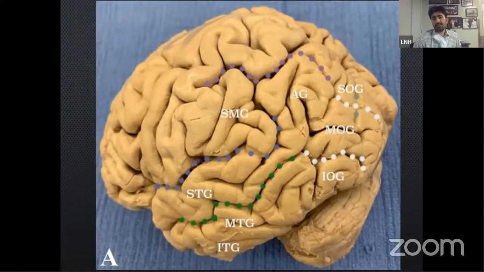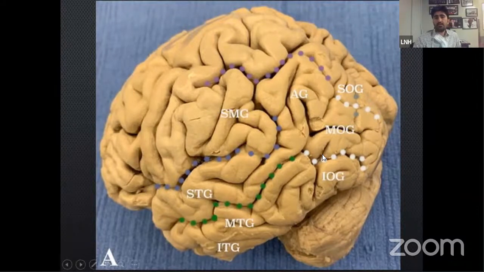So this is the lateral surface of the occipital lobe, and we can see the intra-occipital sulcus, which is basically a continuation of the intraparietal sulcus down into the occipital lobe.